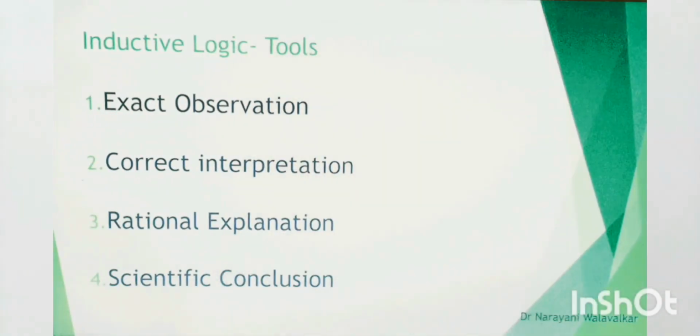Now, for inductive logic, we have 4 different tools. First, exact observation, obviously, because exact observation will lead you to the proper result. Second, correct interpretation: whatever you observe, you should interpret and understand correctly.